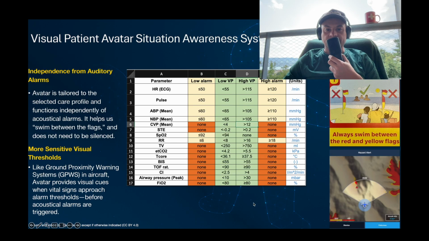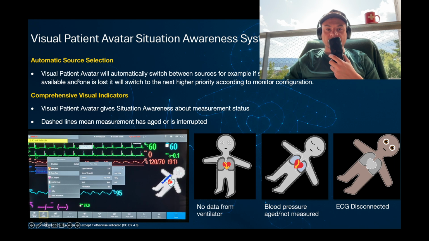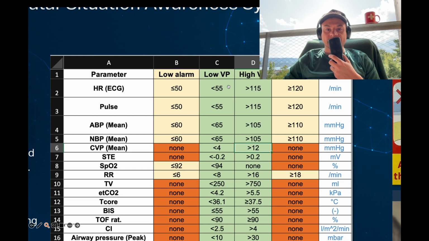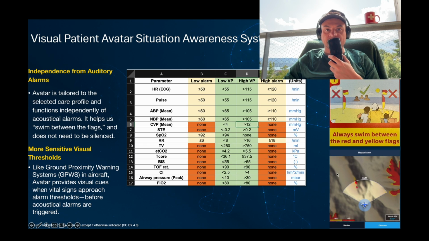The visual patient avatar is a situation awareness system because it does more for situation awareness than just making the information easier to perceive. The components of this system are independence from auditory alarms, more sensitive visual thresholds, automatic source selection, and comprehensive visual indicators. The avatar has its own thresholds that can be set slightly more conservative than the acoustical alarms.